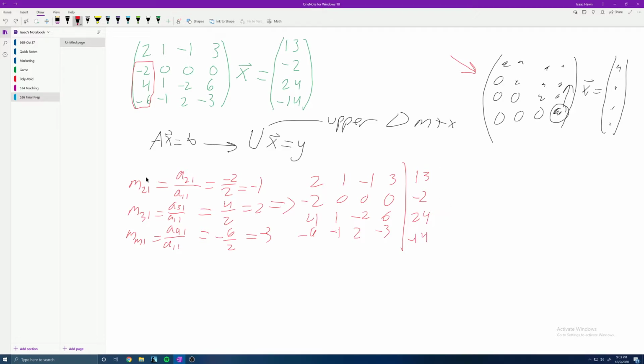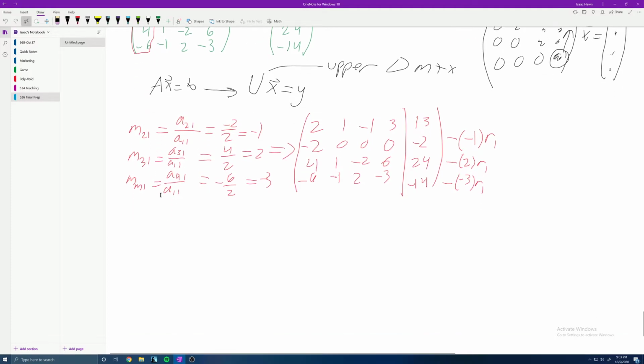So what we do is we take this row here and we subtract off that multiple, -1 times the corresponding entry in row 1. We do the same thing for this bottom one, minus the multiple 2 times row 1, and the multiple -3 times row 1.